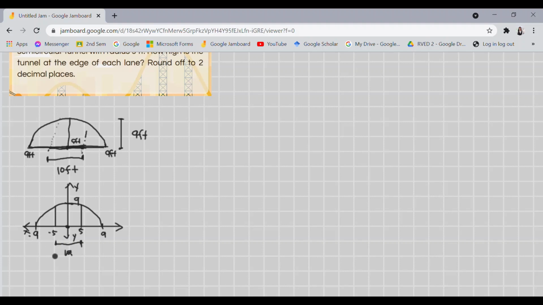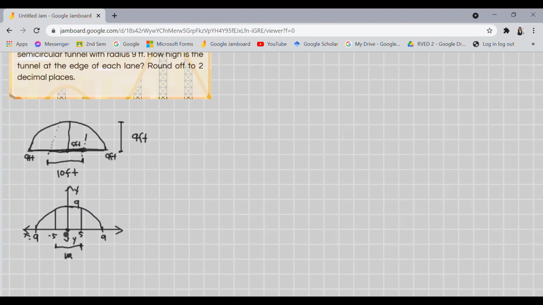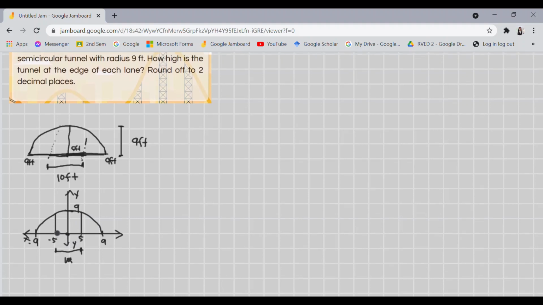So, 5 plus 5, that will be 10. That is the total width of your single lane that passes through your tunnel. Okay? So, the question in the problem is, how high is the tunnel at the edge of each lane? So, gaano daw siya kataas at this part? Ito, dito sa edge na to, gaano siya kataas? Okay, gaano kataas yung tunnel kapag nandun ka sa pinakagilid ng kalsada?